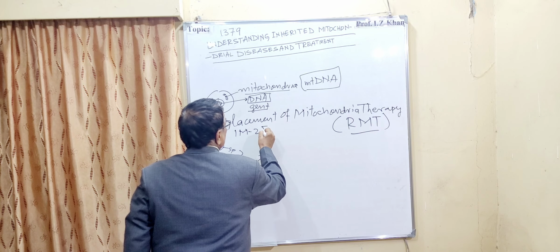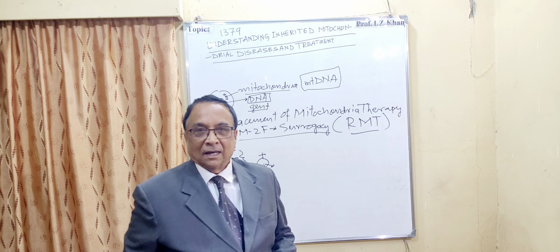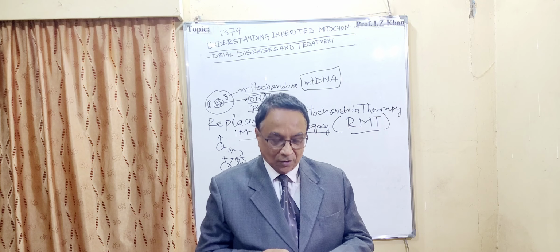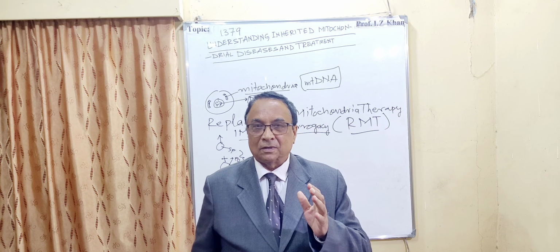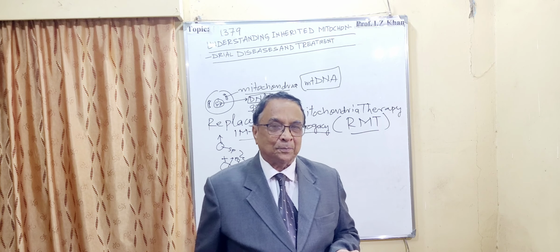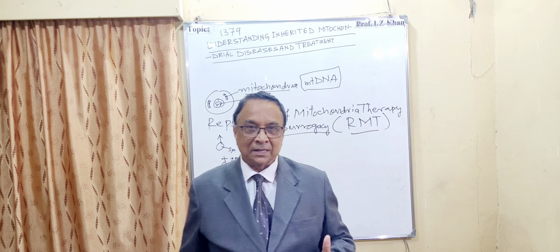That is the process of surrogacy, which is nowadays a globally multi-billion-dollar business, because it happens where couples are not in a position to carry the pregnancy for 9 months.